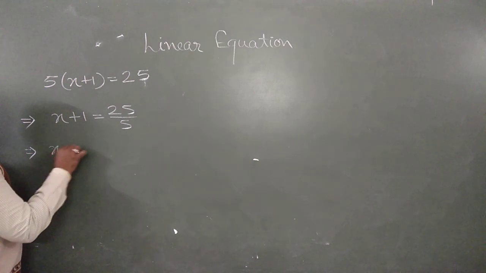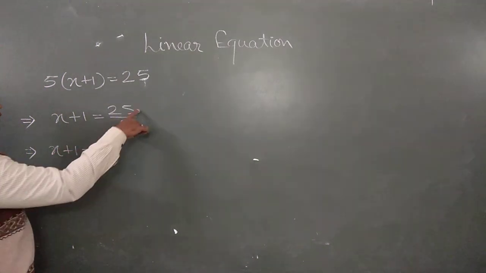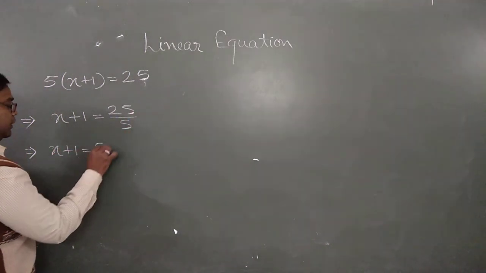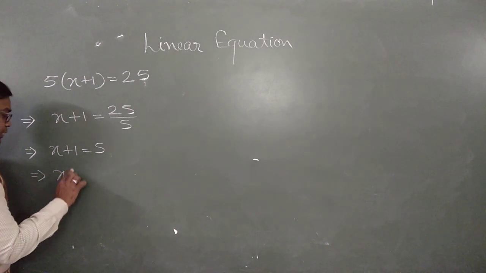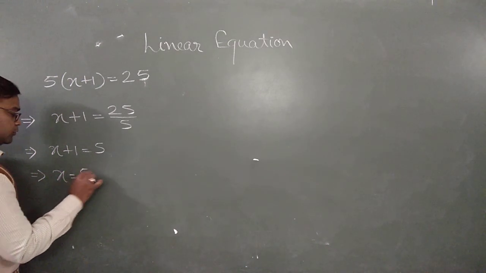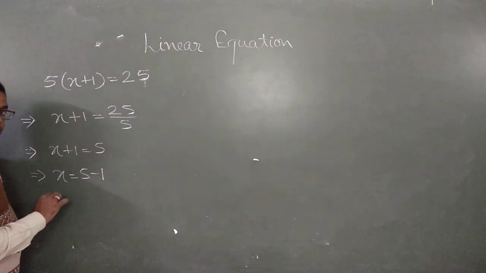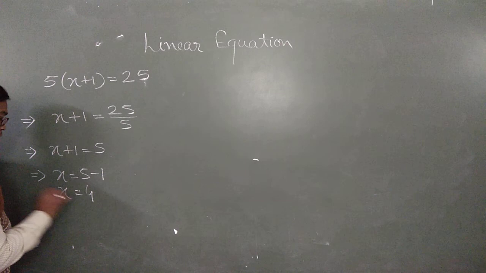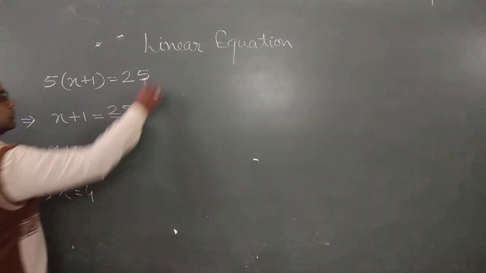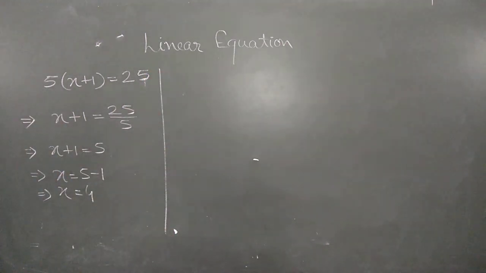So x plus 1 equals 25 divided by 5, we have 5. Again, we transpose plus 1 to this side. We have minus 1. So the value of x is 4. This is your answer. Hope this one is clear to you.